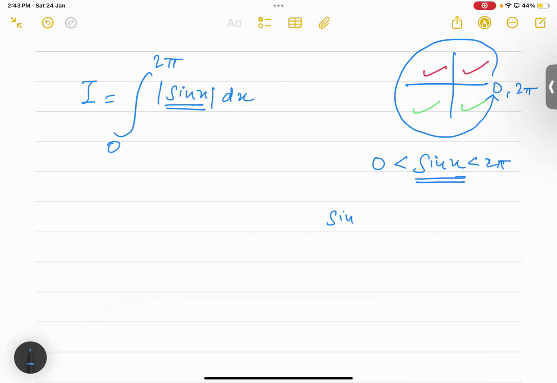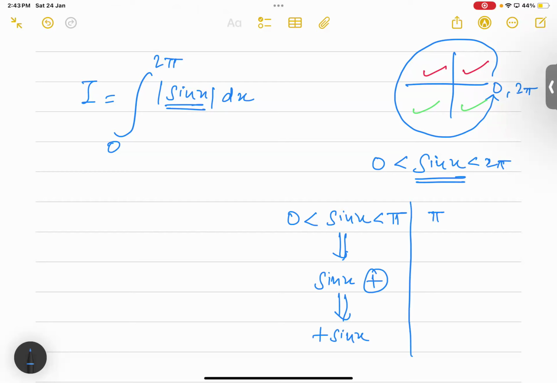I'm not saying x, I'm saying sin x. The modulus is for sin x. The session is recorded, you can watch this later also if you want. 0 to 180: here sin x is positive, meaning plus sin x.